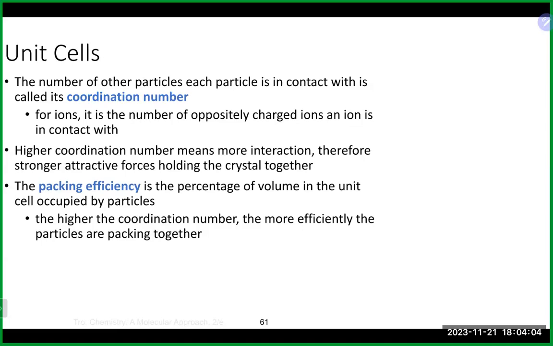And again, the higher the coordination number, the more efficiently the atoms are able to pack together. That's because a higher coordination number means they are close to each other, right? So they're touching each other, so they're able to really pack themselves in, rather than a smaller coordination number where not a lot of them can get close to one another.